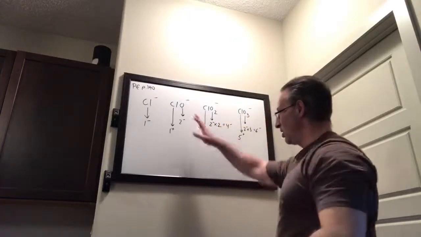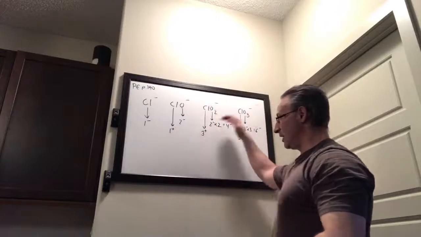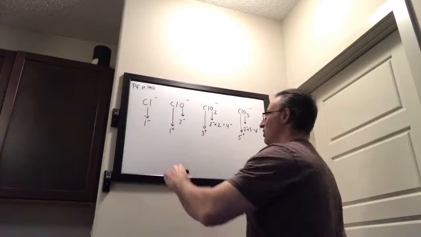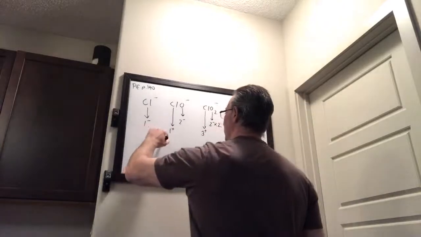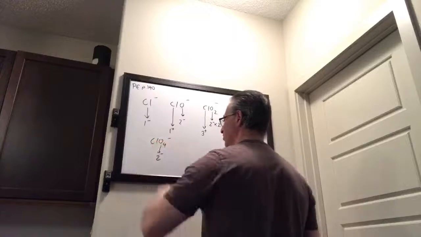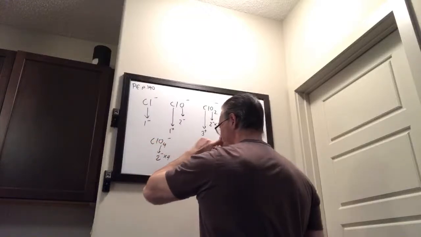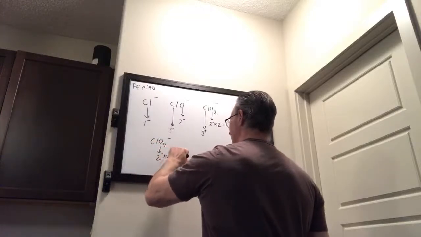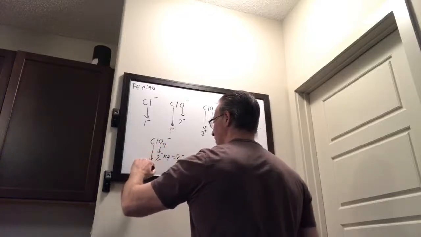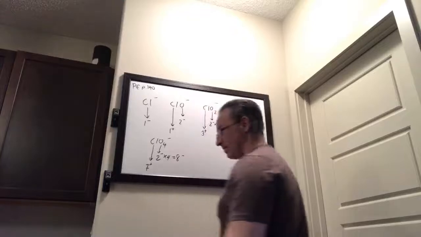So you see, the more oxygen atoms you pile in there, the higher the oxidation state the chlorine attains. And finally, if you look at perchlorate, perchlorate is ClO4 with a -1 charge. Each oxygen is -2. There's 4 of them, so you would expect it to be at -8, but it's only at -1 because that chlorine atom actually attains an oxidation state of +7.